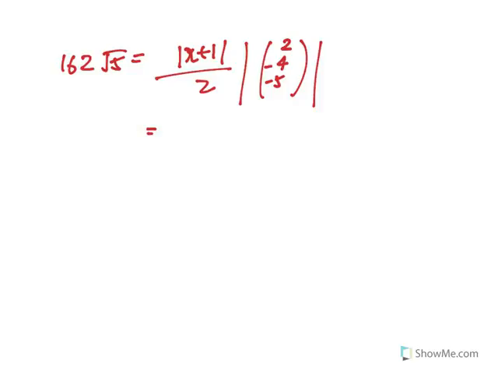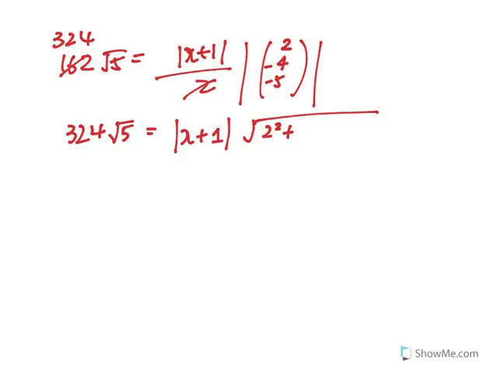So let's slowly try to find everything. Maybe I can bring the 2 across, so this becomes 324 square root 5 equals the magnitude of lambda plus 1 times the square root of 2 squared plus negative 4 squared plus negative 5 squared. So 4, 16, 25: 4 plus 16 is 20, 20 plus 25 is 45, so you end up with square root 45.